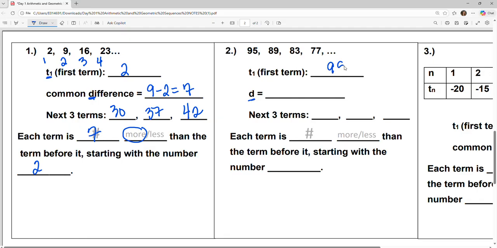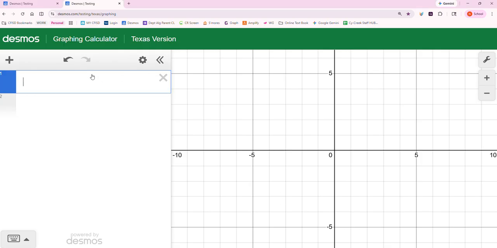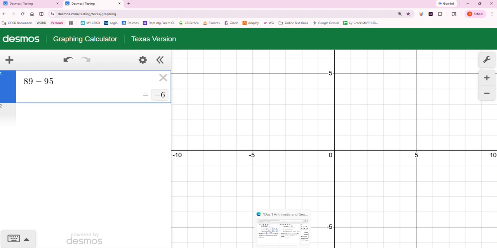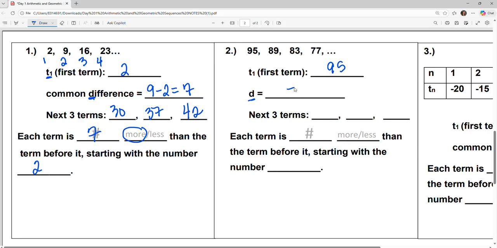So term 1 is 95. I'm going to do 89 minus 95. I'm going to do the second term. You want to make sure you do the second term so that you realize each term is minus 6, or rather you can say 6 less, than the term before it, starting with the number 95.